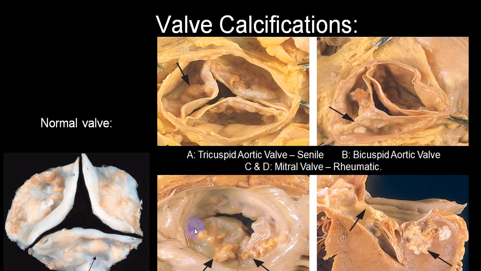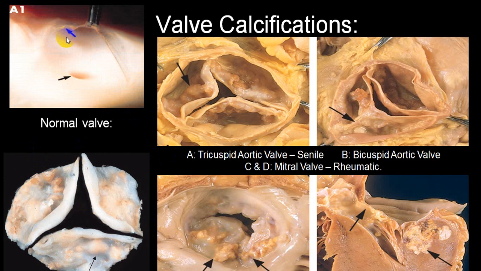And this is rheumatic etiology involving the mitral valve producing stenosis, and a good number of times it is described as a fish mouth appearance. And this is a normal valvular structure, absolutely thin, papery and nearly transparent. These are the normal valvular structures, and this is a calcified tricuspid aortic valve.